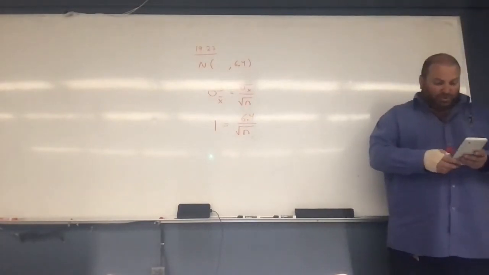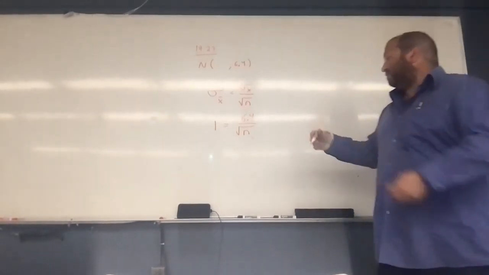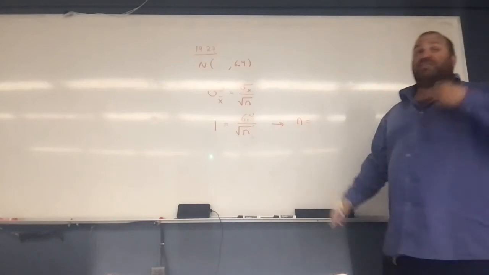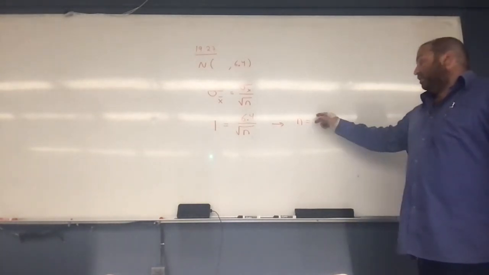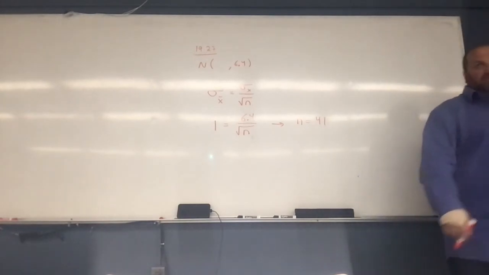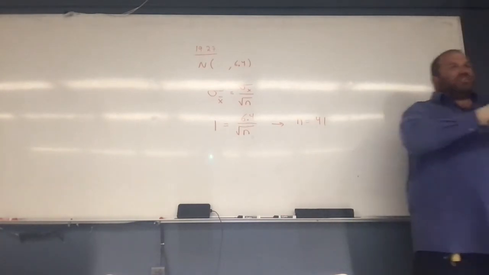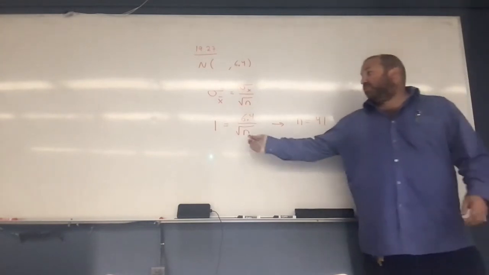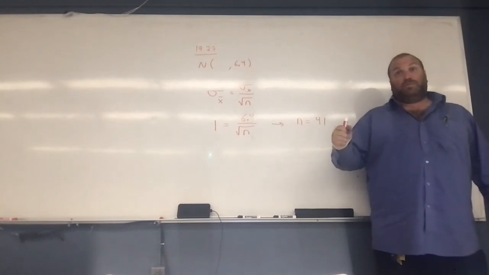So 6.4 squared is 40.96, and 40.96 means that we take what for n? 41. Not because 41 is closer to 40.96, even though it is, but because if you look at the two numbers on either side of 40.96, 41 and 40, 41 will have reduced sigma more than 40 will.